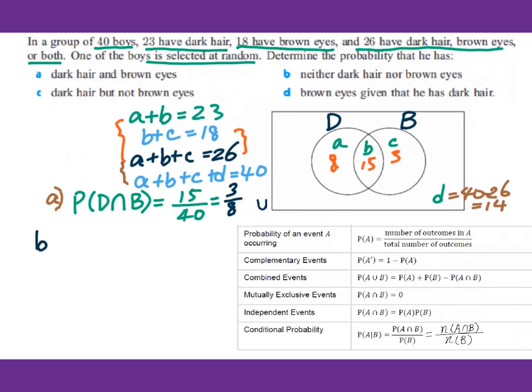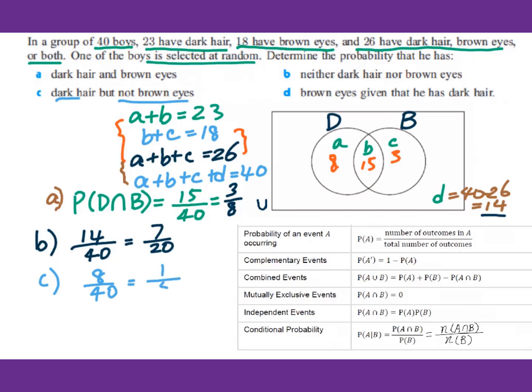Let's go to B. Neither dark hair nor brown eyes. That means this number, so we have 14 over 40, which means 7 over 20. Let's go to C. Dark hair but not brown eyes. That's 8 over 40 equals 1 over 5.